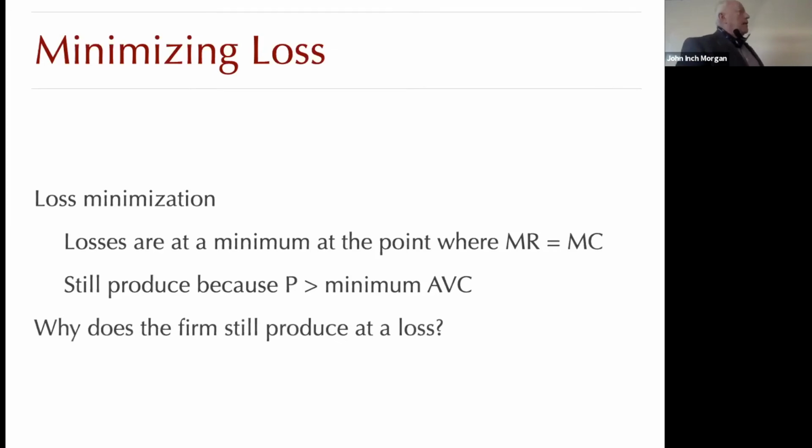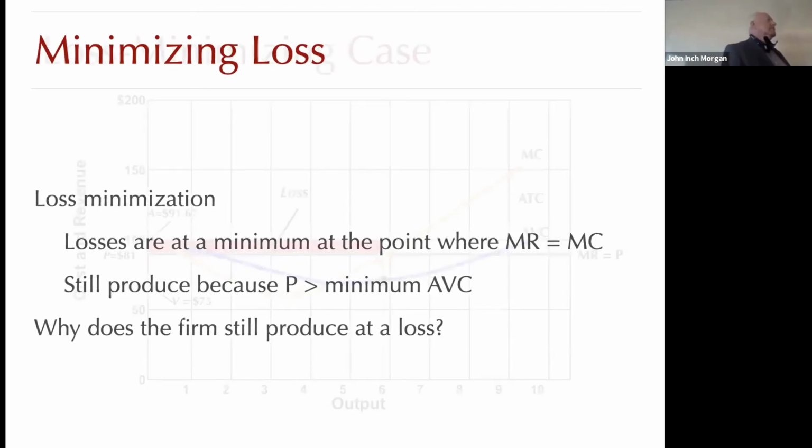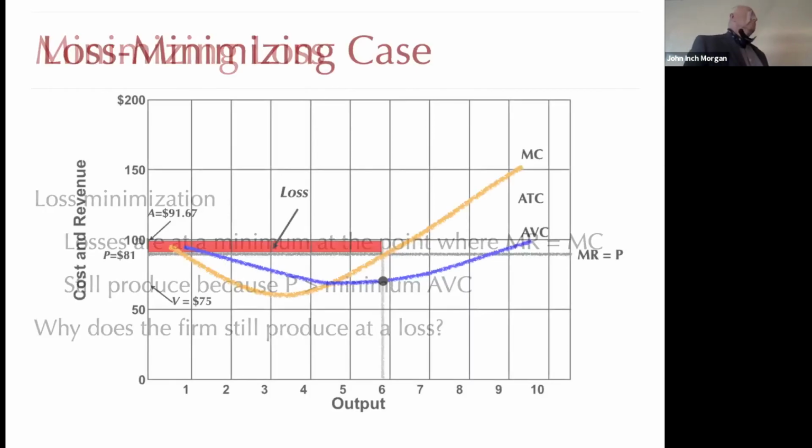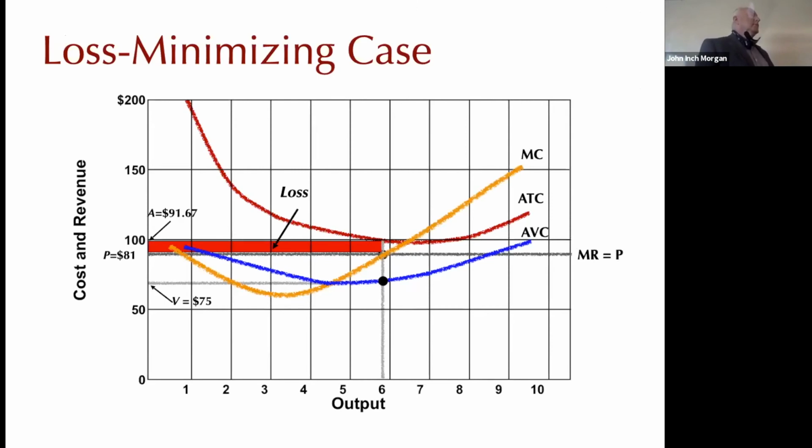So again, why does a firm still produce at a loss? Because the revenue coming in does cover their average variable cost and contributes to the fixed cost that I have to pay. So when places go bankrupt, they're losing money in every facet, right? They're not gaining and can't cover the costs.